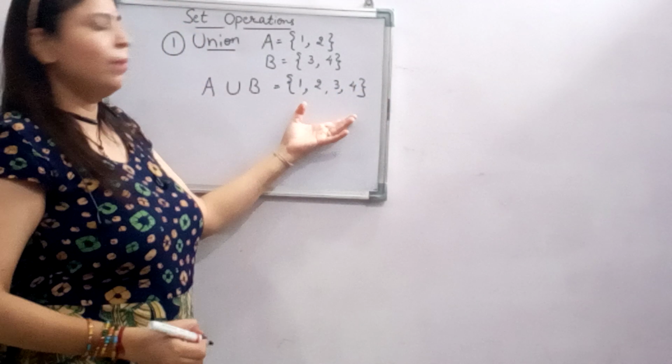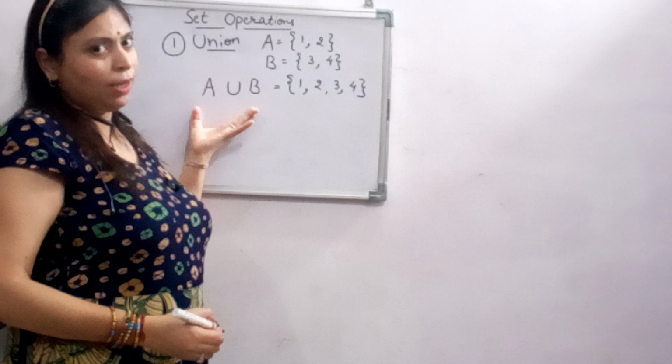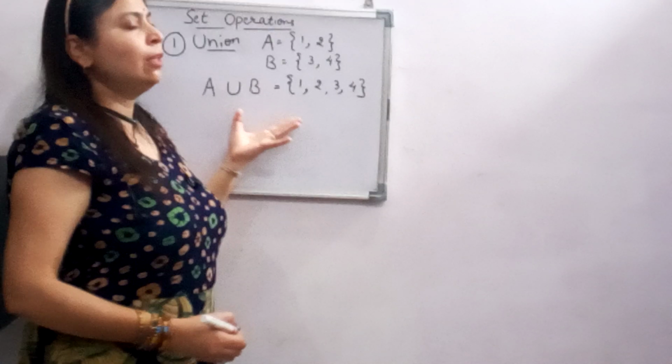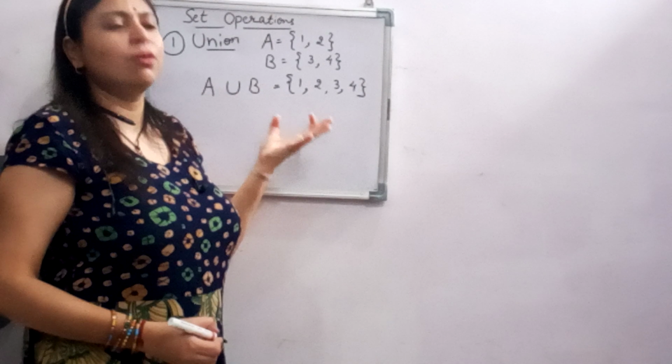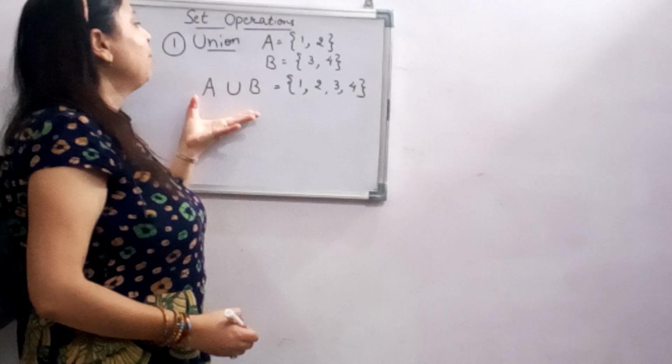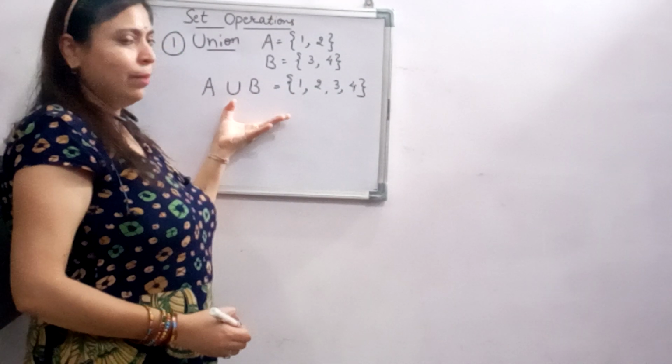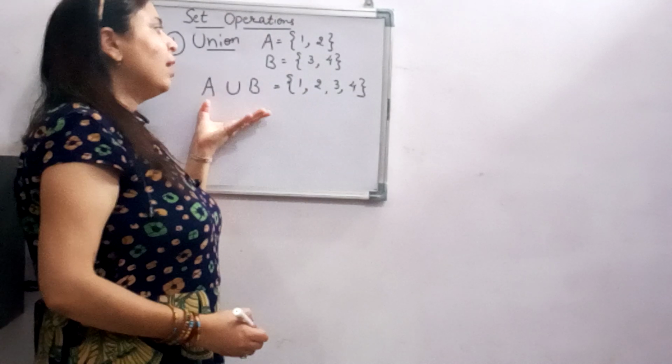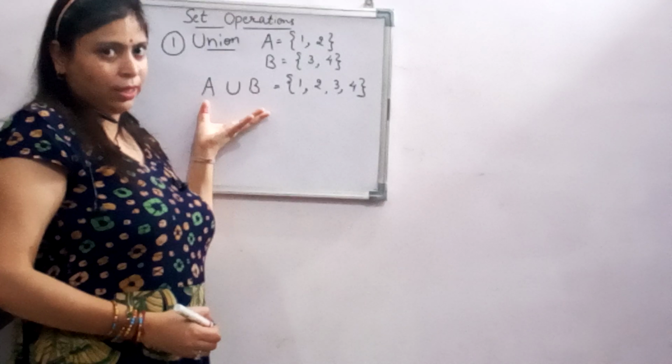All these 4 elements are in the union of A and B. It is just like the OR operation in gates or electronic circuits. If you don't know about it, leave it. Just remember that all the elements from both the sets are contained in the union of sets.